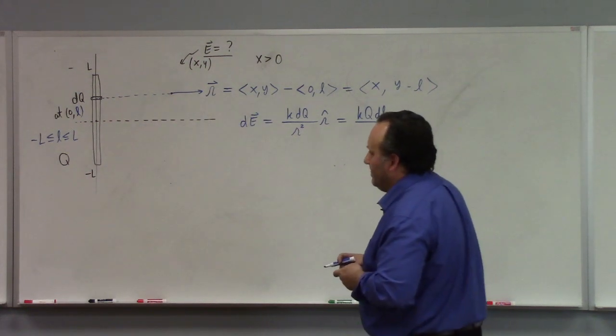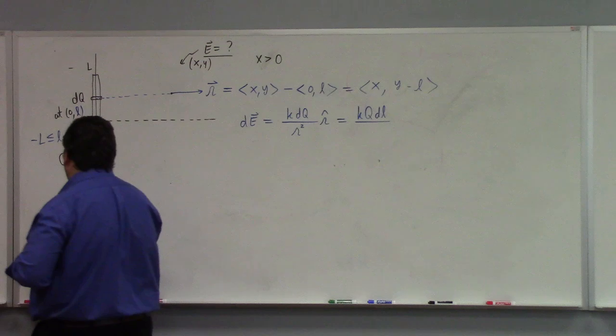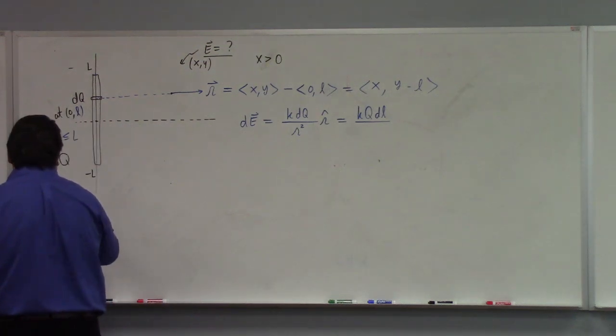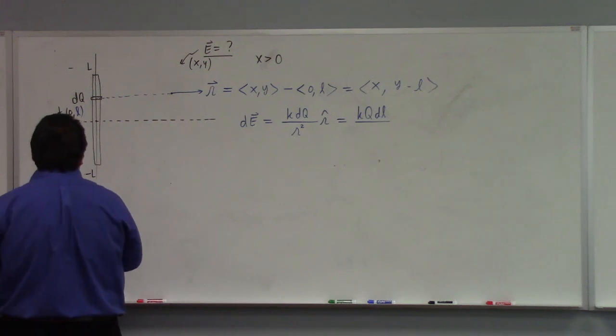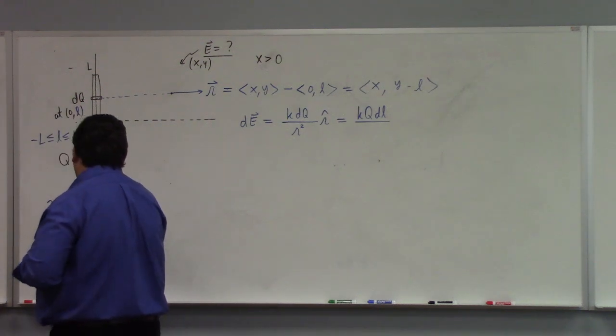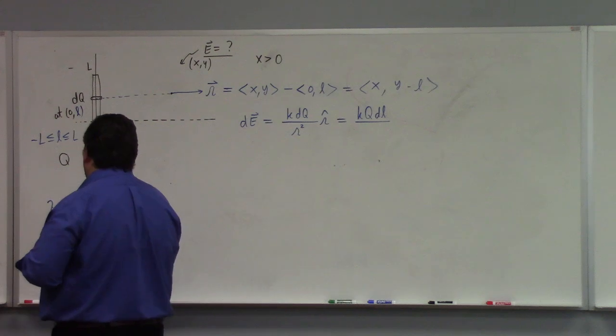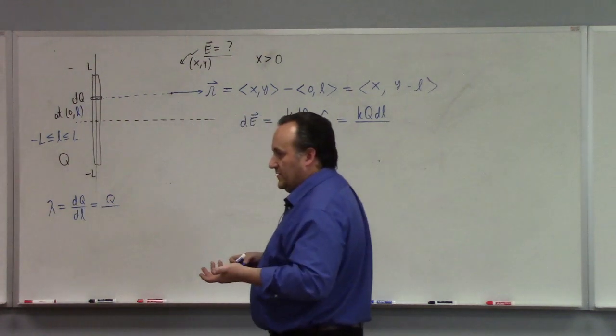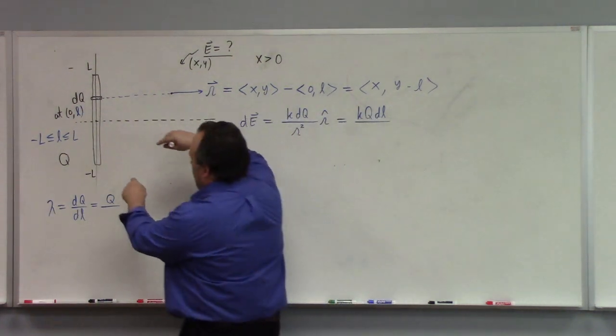So what's the charge density here? Lambda. We're talking about dq, d little l. The total charge is Q, that was given. If it's uniformly distributed, what's this length?